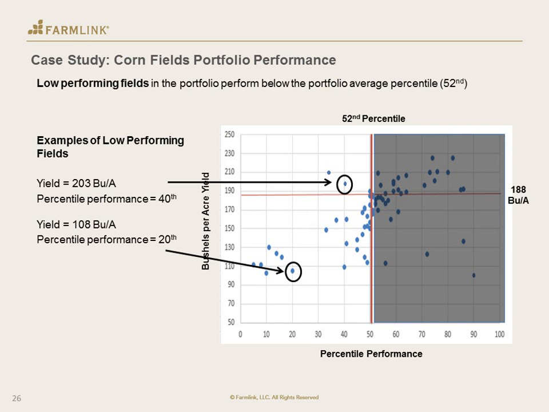This helps farmers and agronomists in identifying fields to ground truth for these issues. It could also be something that points out areas in fields that should be tiled to remove excess water. In any case, this representation allows for a quick analysis of fields to be ground truthed within a portfolio and to begin asking questions to determine if fields would benefit from changing prescriptions, practices, or possibly even land use.